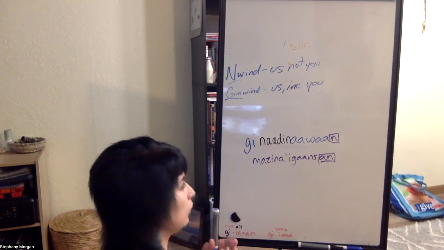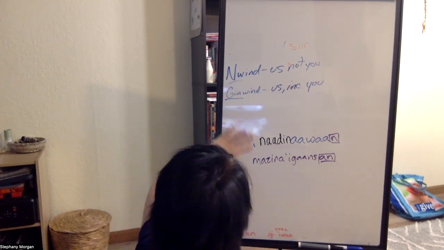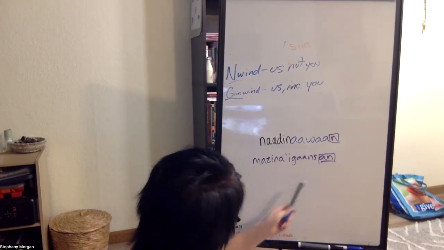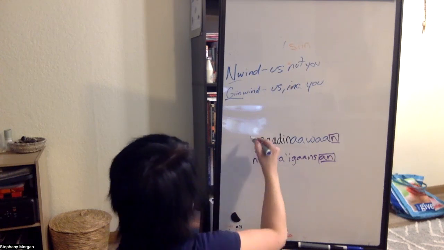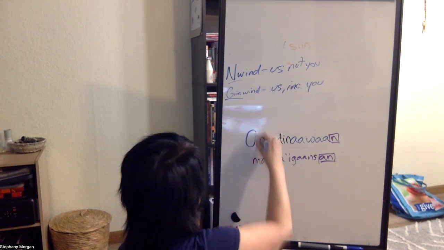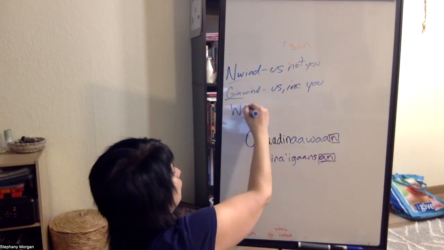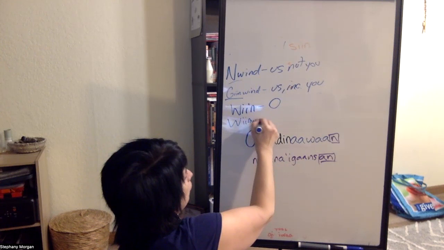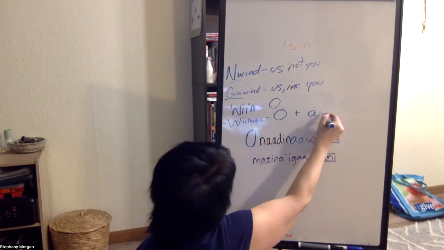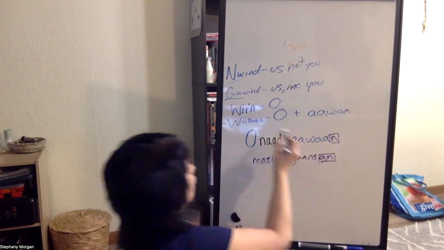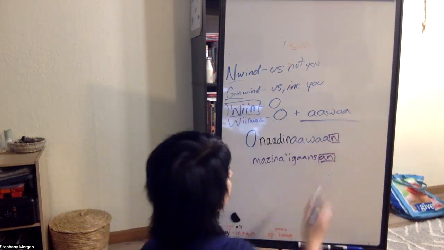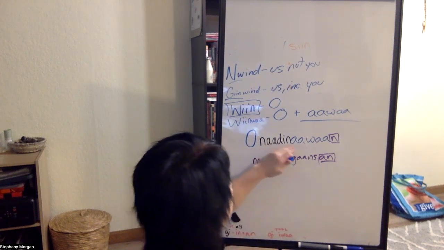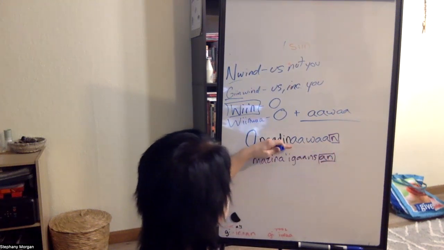How about they are fetching it? More than one they, we know what we're talking about. More than one him or her. The only thing that changes, the end stays the same. They are fetching papers. We just use the form of ween in the front because it's plural ween. Ween is a form of O. Ween-wa is a form of O plus awa. So it's literally ween that's pluralized. Onadinawan masnaigansan. They all fetch papers.